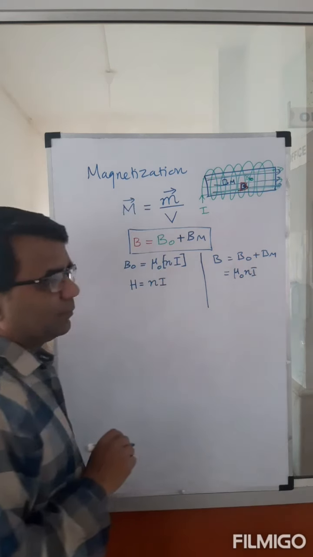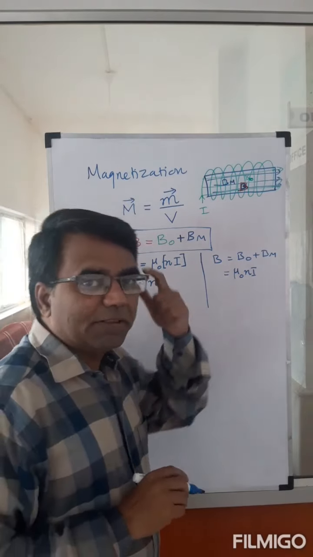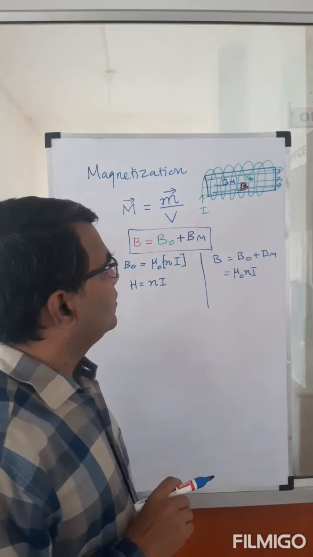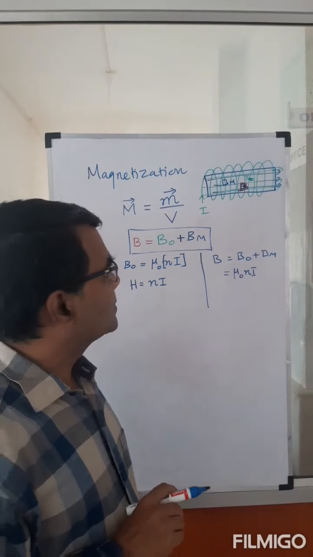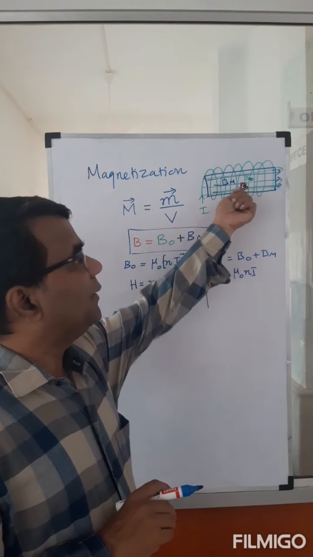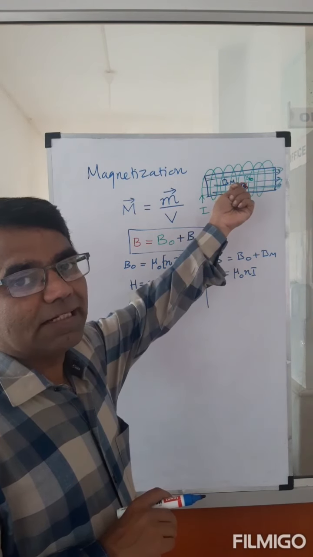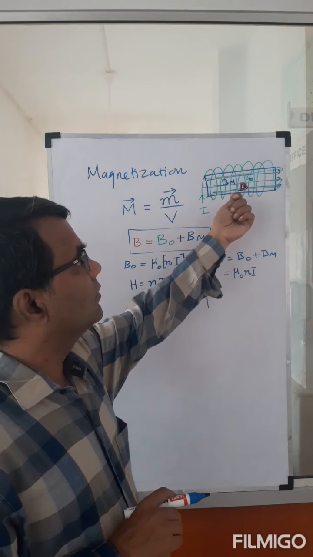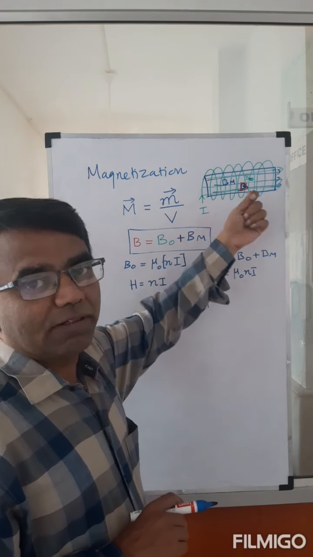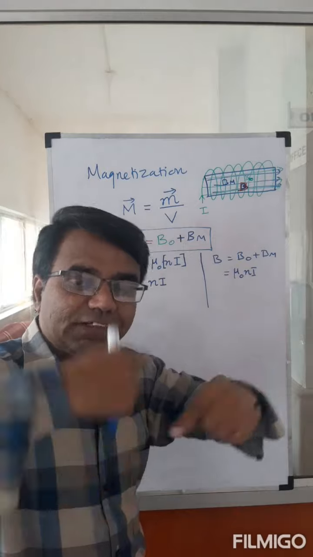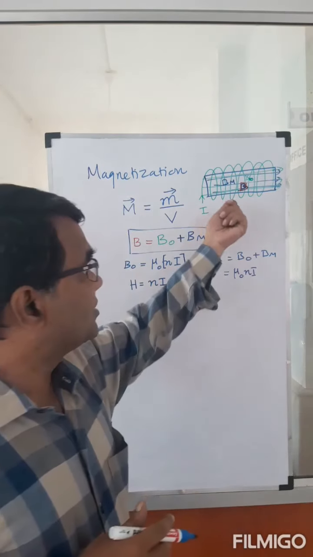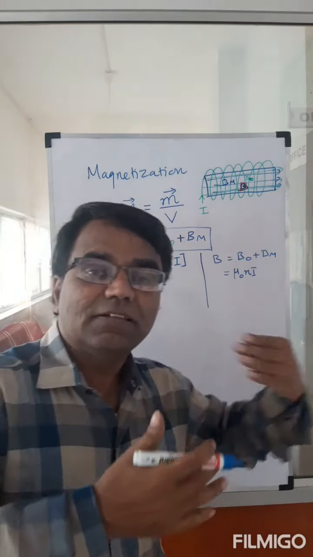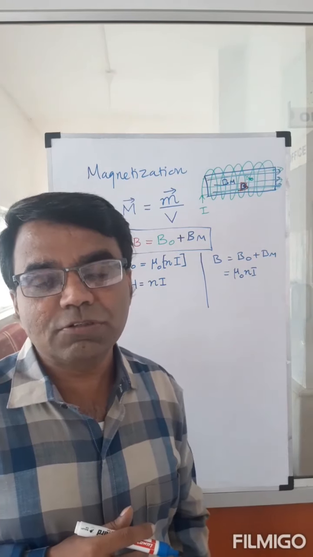But what about Bm? The Bm again depends on B naught. Why? Because the stronger the field that's going to magnetize this material, the greater the Bm it's going to produce.